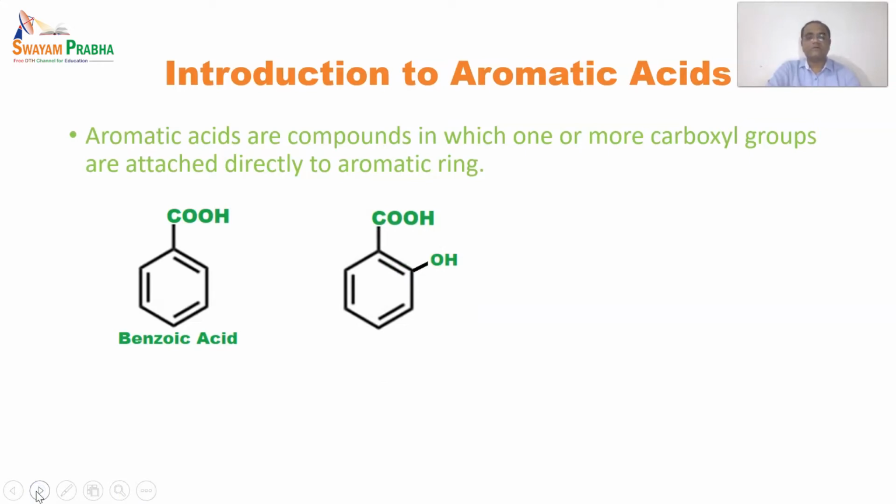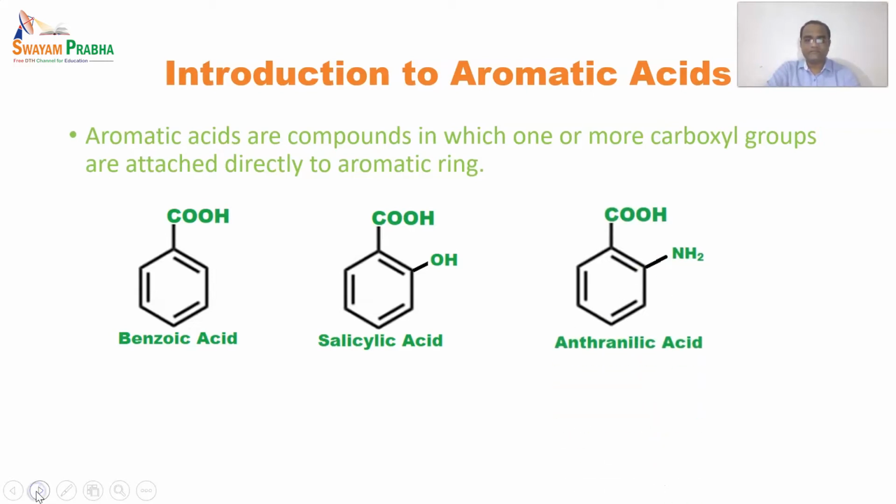and we will see some more representative examples of aromatic acids. This one is salicylic acid. Medicinally it is quite important. After that, anthranilic acid. In many reactions it has been utilized as a precursor or starting material. After that, phthalic acid.